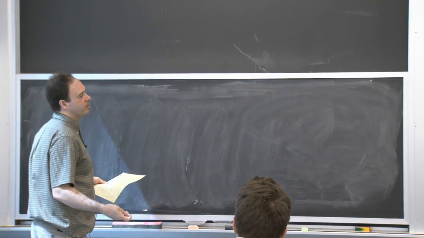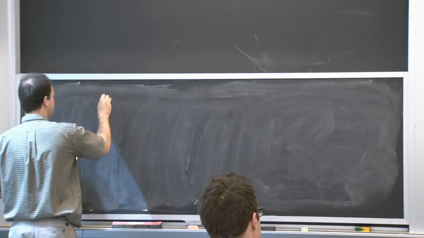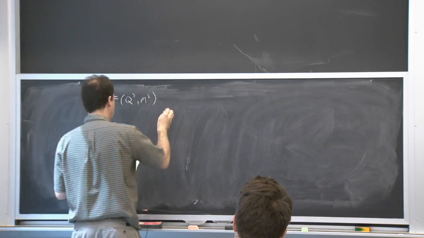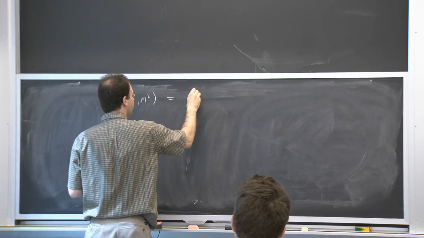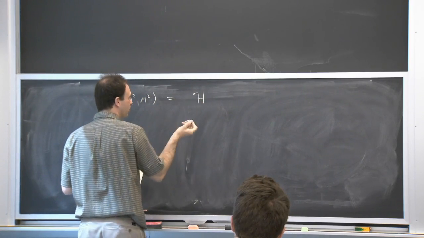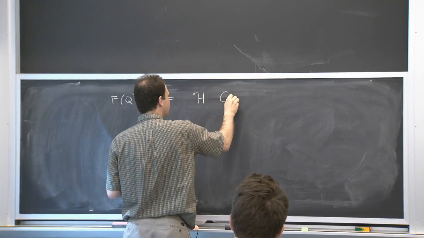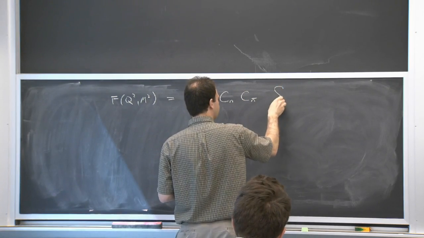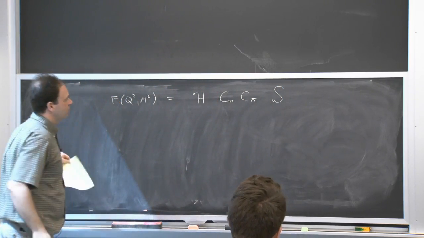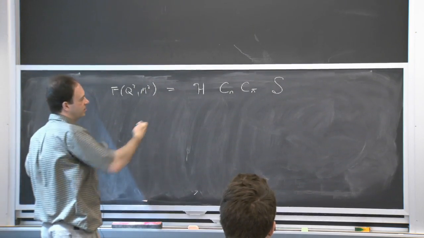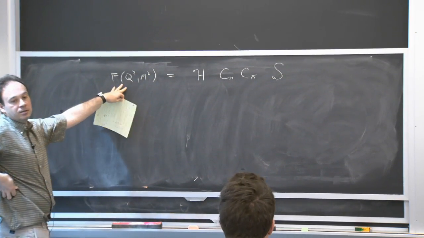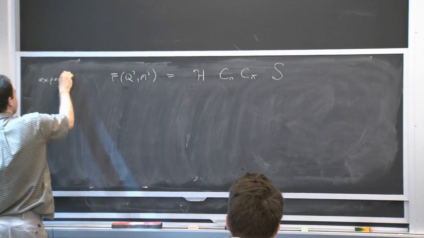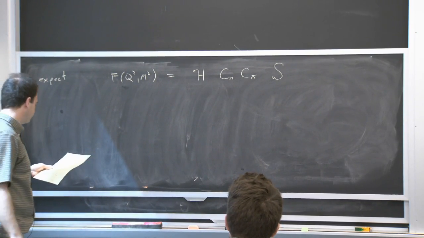And if we calculate, what you would expect is that F of Q squared and m squared is going to split up, given the degrees of freedom we have, into some kind of hard function, and then some kind of amplitude for the collinear parts, and then some kind of amplitude for the soft part. Okay, so you'd expect some hard times collinear factorization of the form factor, and this is what we'll be after. So it's always good to sort of have an idea where you're going, and that's where we're going.